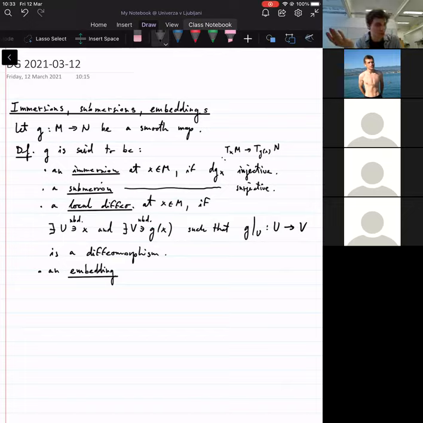It's more or less a consequence. What you said holds indeed for the image of our map, but it's more of a consequence of this definition.